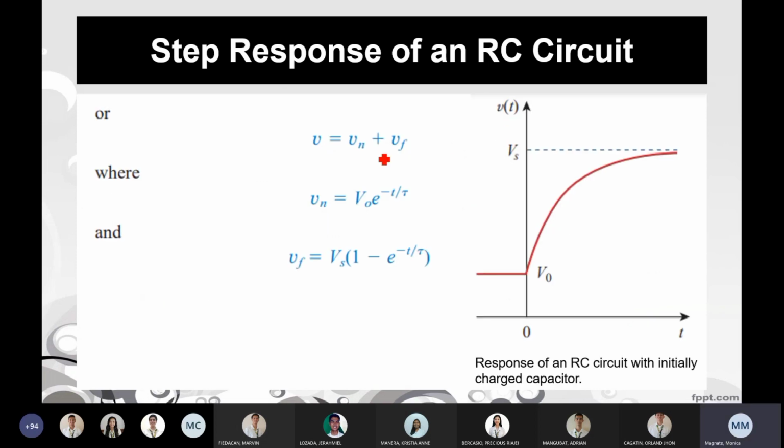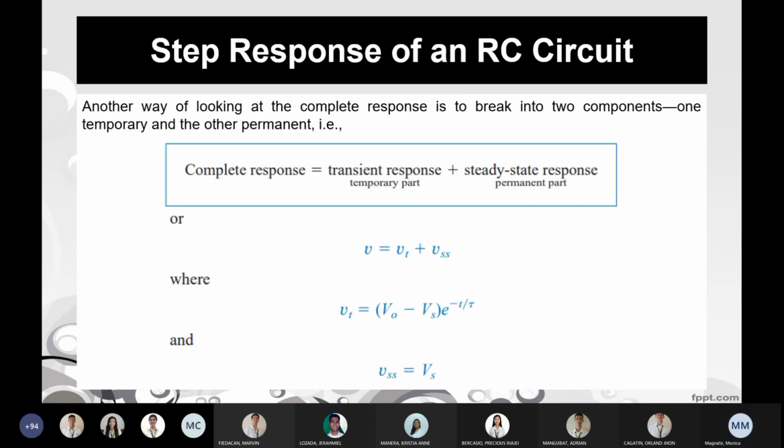Ayan, natural response plus forced response. So, yun yung total natin voltage. Or pwede rin nating sabihin na transient response yun, yung temporary part. Tapos, steady state response naman yung isa, permanent part.